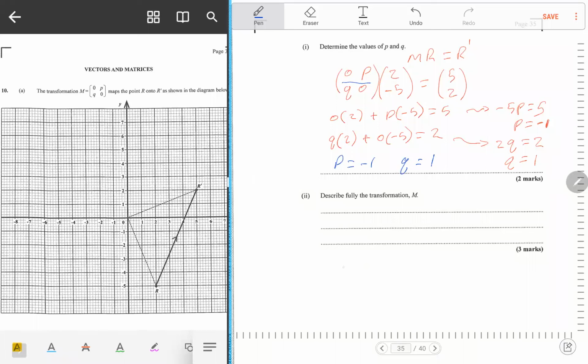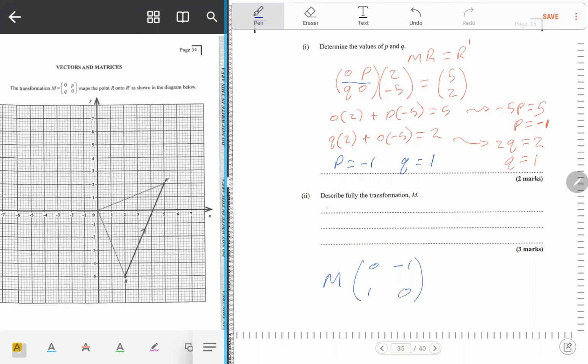So basically the matrix M is therefore (0, -1; 1, 0). That is the matrix. Now they're asking us to describe the transformation, and the best way to describe a transformation is to actually know what it is. If you know this matrix, you know it's an anti-clockwise 90-degree rotation matrix about the origin, and you can just write that.